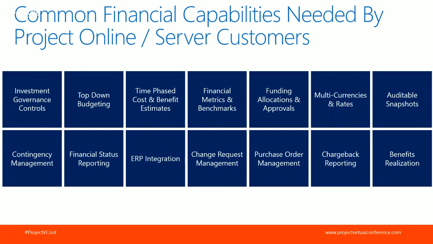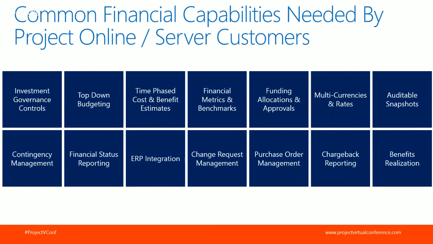The ability to derive financial metrics and benchmarks is also becoming key. Because we want to do a better job of reporting on project costs, how to deal with things like multi-departmental funding allocations? If you have multiple departments funding an initiative, how to reconcile that on a percentage basis, on an absolute basis.